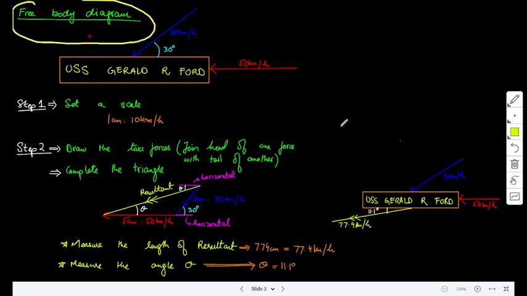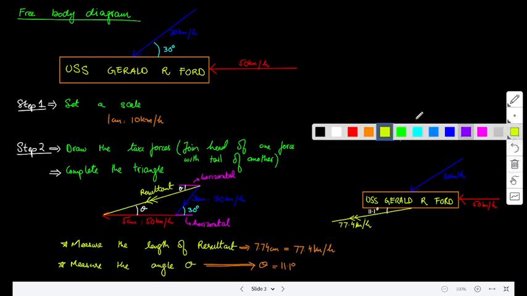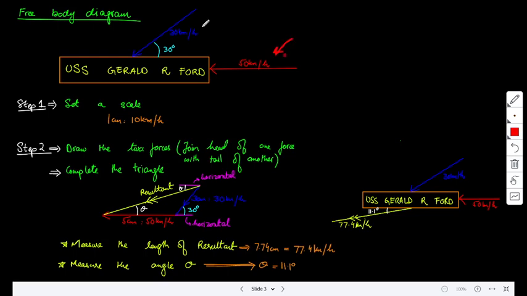It is the top view of the aircraft carrier, in which the velocity of the engine, not the speed, the velocity of the engine. Velocity is speed with direction. So we have specified its direction to the left, hence it is velocity. Velocity of the engine and velocity of the water is given. Now we are to find the resultant velocity of the aircraft carrier.